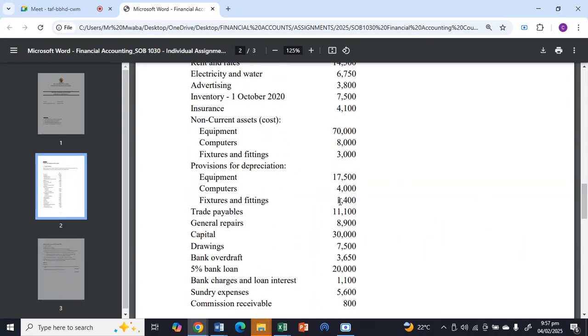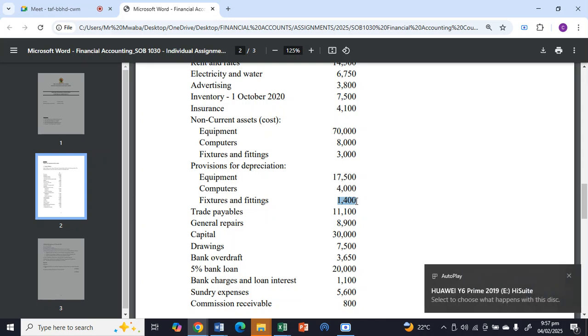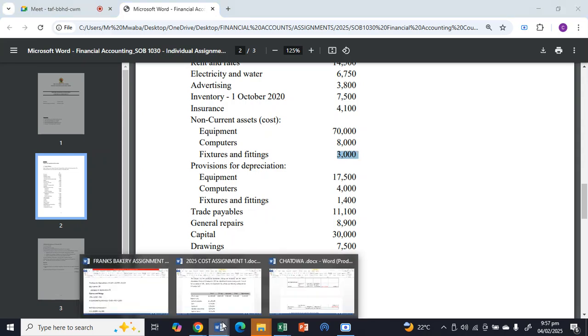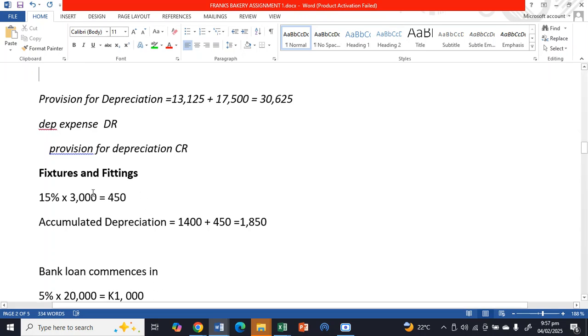So fixture and fittings 1,400. Oh, that's the provision for depreciation. Sorry. Fixture and fittings, the value is 3,000. So to get the depreciation using the straight line method, you just multiply 15% times 3,000.